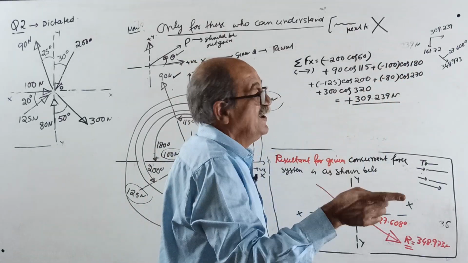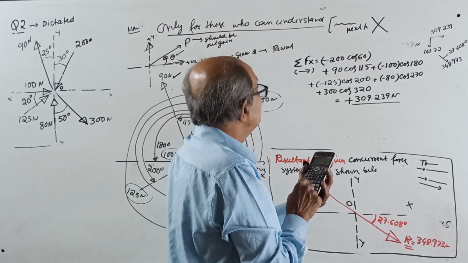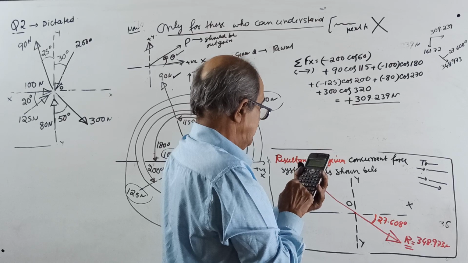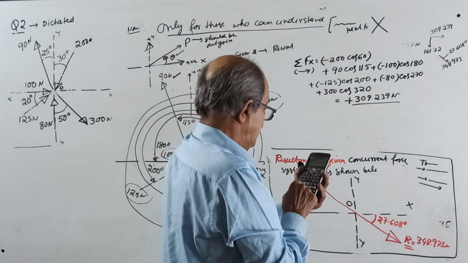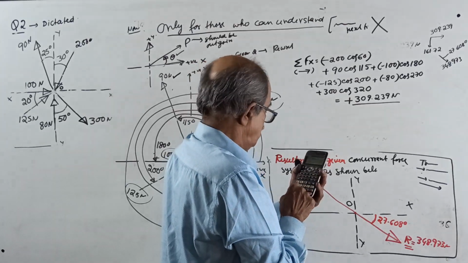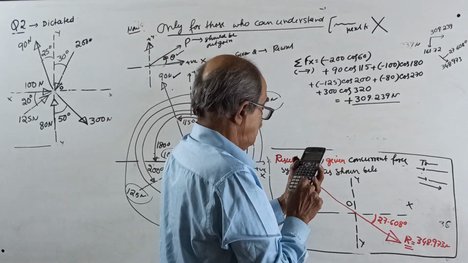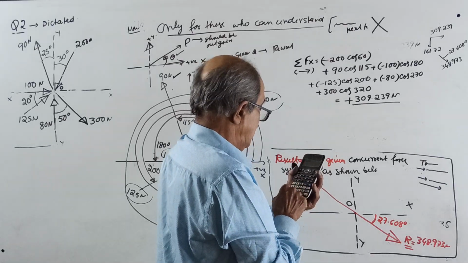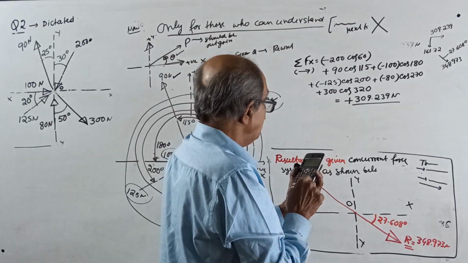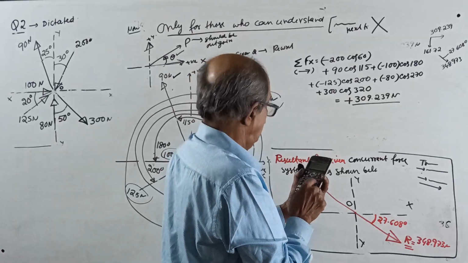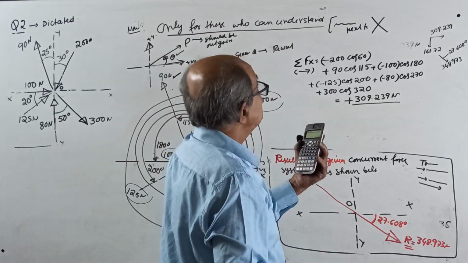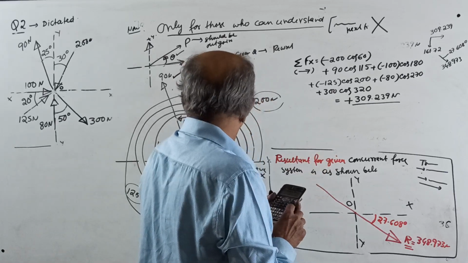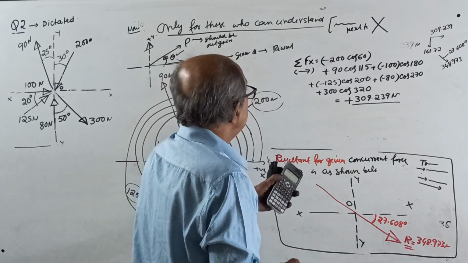Cos 180 is minus 1, so minus 100 into cos 180, minus 125 into cos 200, minus 80 into cos 270, plus 300 into cos 320 gives plus 260. Again some calculation problem. Where is the mistake? I don't know where the mistake is.